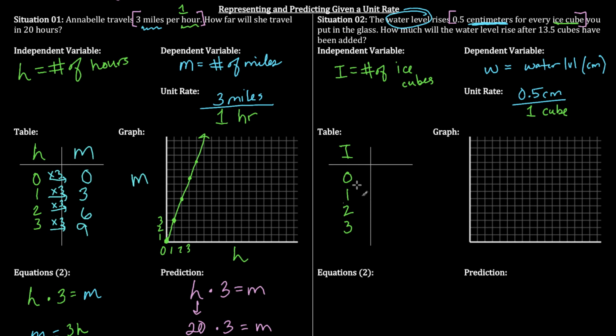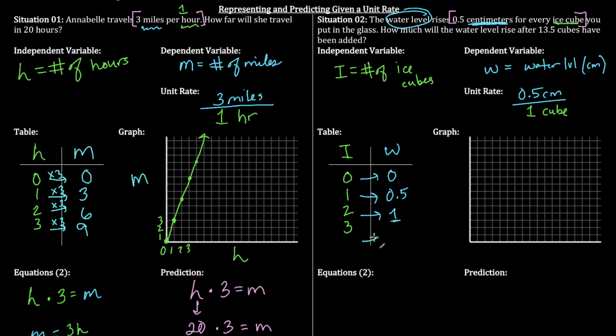And that will affect the water level. So 0 ice cubes, the water level will rise. Like if you don't put any ice cubes in, the water level doesn't change. It's stuck at 0. If you put 1 ice cube in, it will rise half a centimeter. If you put 2, it will be 1 centimeter.